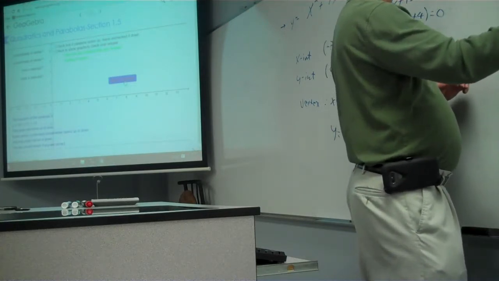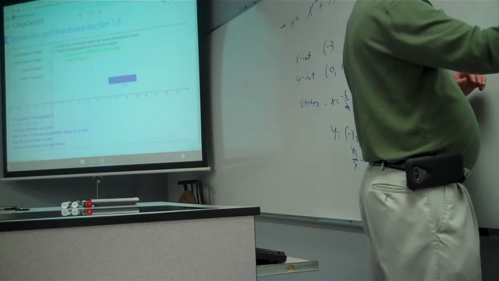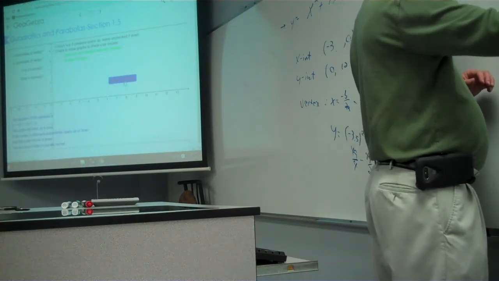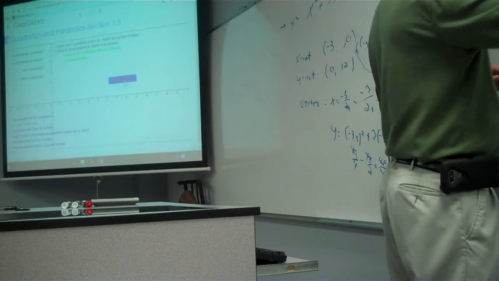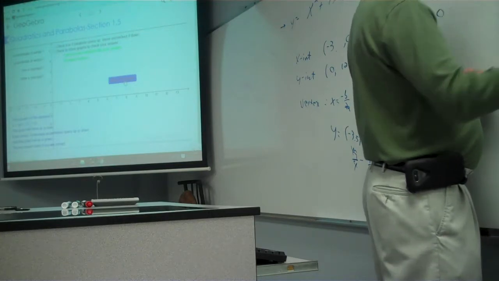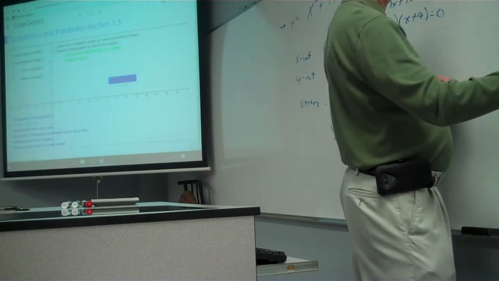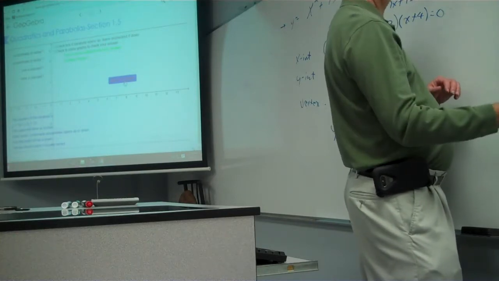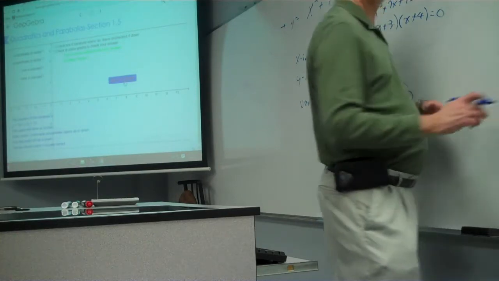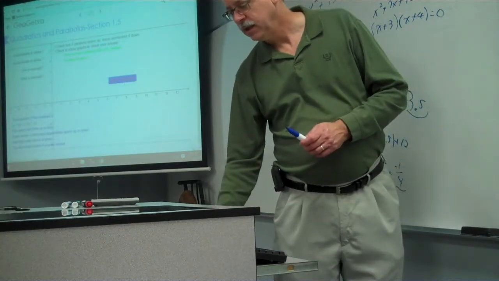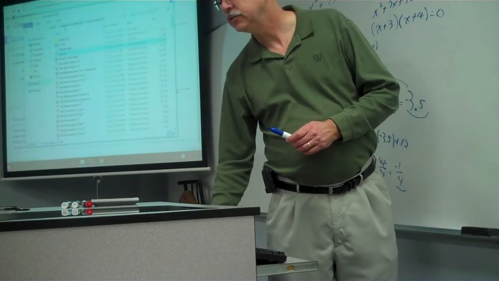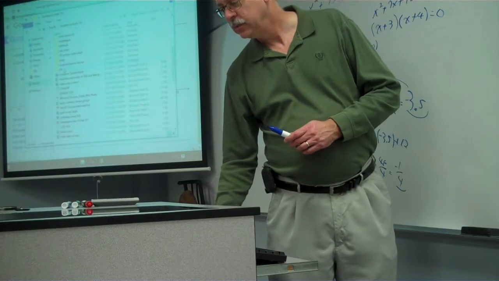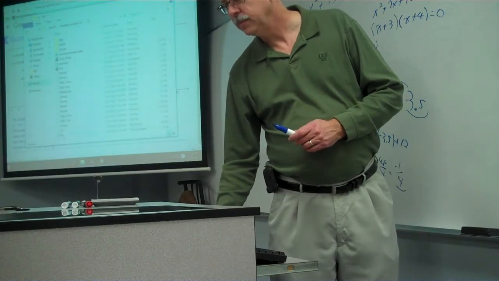So negative 3 plus or minus the square root of 3 squared minus 4 times 1 times minus 5, over 2. Which I think gives us negative 3 plus or minus the square root of 29 over 2. I don't know what the square root of 29 is, but the calculator will tell me.